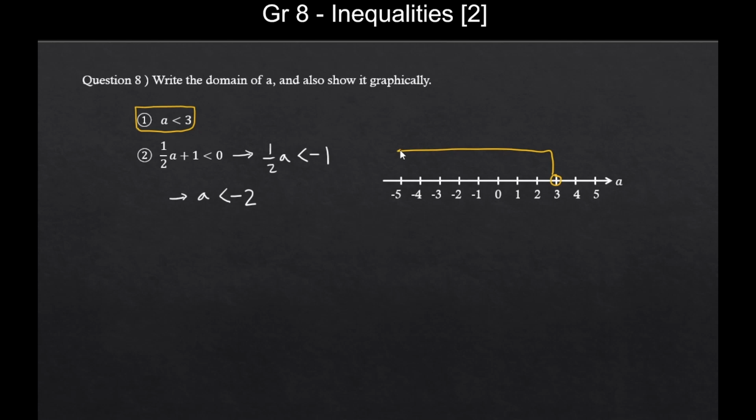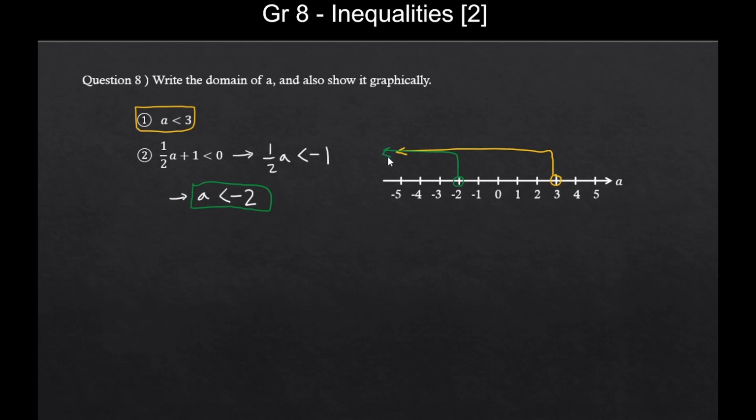Okay, that looks better. And now using the green color, A is smaller than negative 2, so draw an empty circle at negative 2, smaller, so also this way.